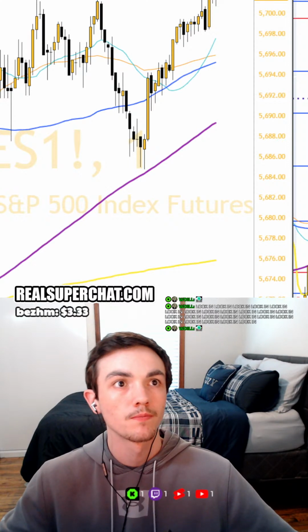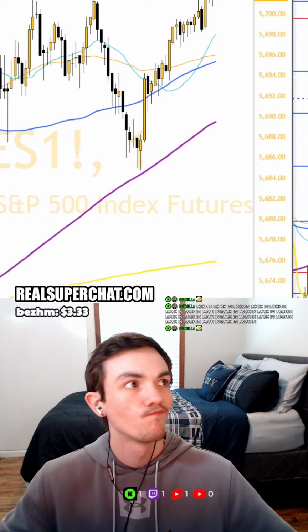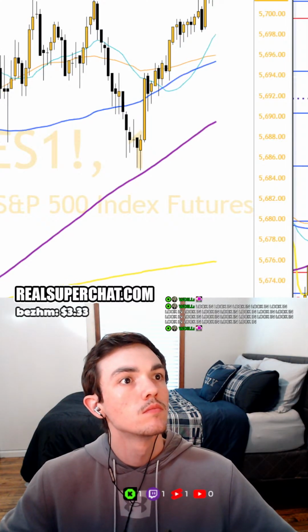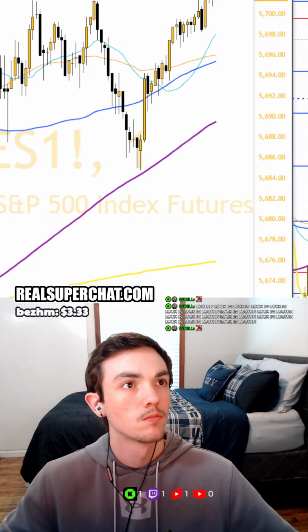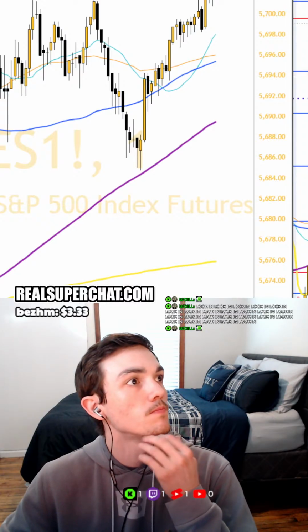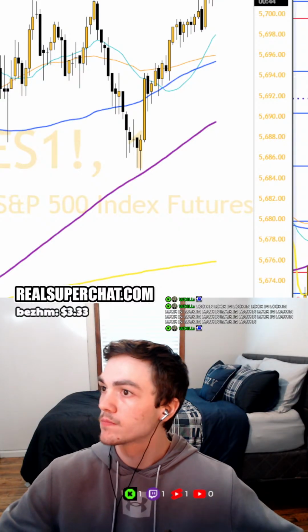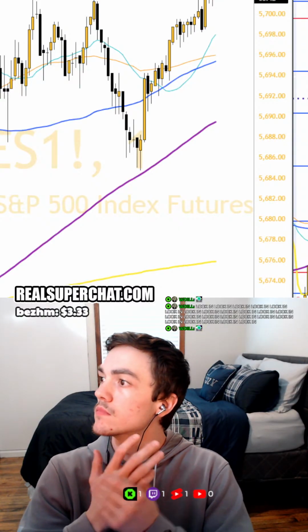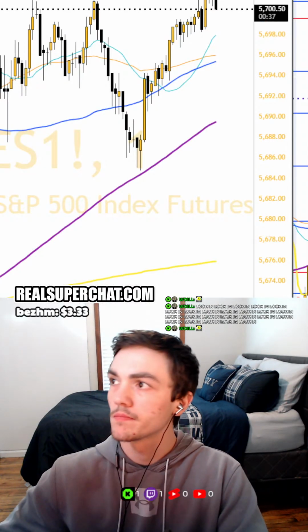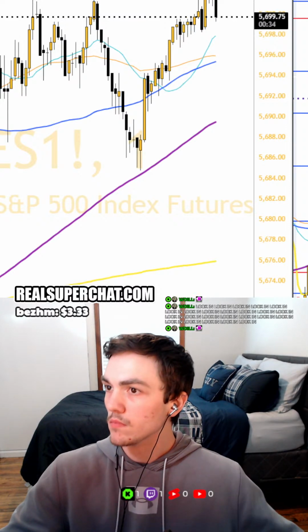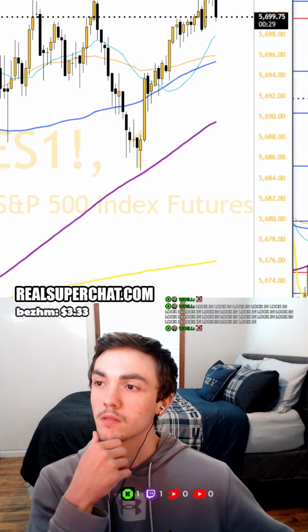Bitcoin's going up slightly. The 30-minute NQ looks like it wants to pump, but it's a 30-minute. So no, pump back up, pump back up.